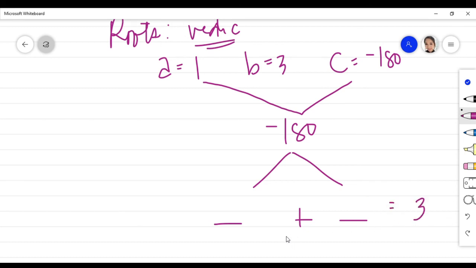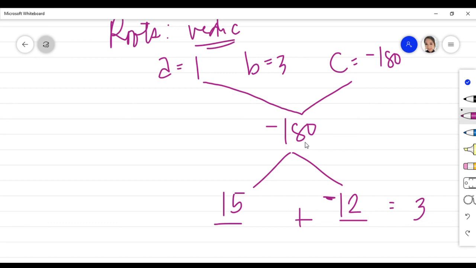So the two numbers are 15 and 12. But since it's negative here, we have to write the negative 12 here, because 15 plus negative 12 is positive 3, and 15 times negative 12 is negative 180.